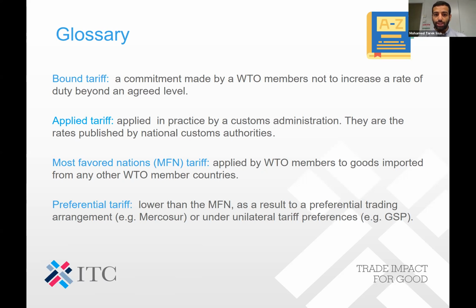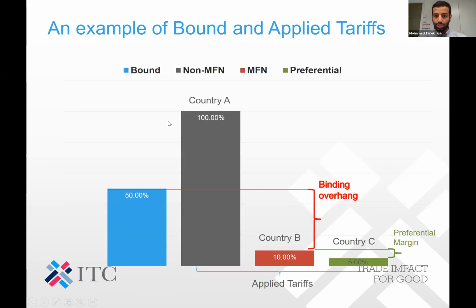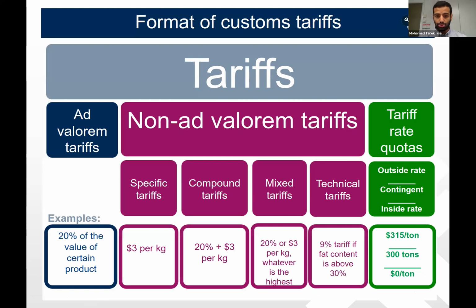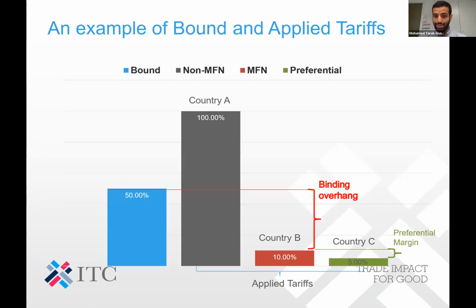So here we have a numerical example just to make sure that we are on the same page. So first we have the bound tariff. We were talking about the 50%. So okay, bound tariff, I will never, as a WTO member, increase my tariff above that. Then we have a rate higher than that. And why? Because this country is not a member of the WTO. You know, some countries are not members of the WTO yet.